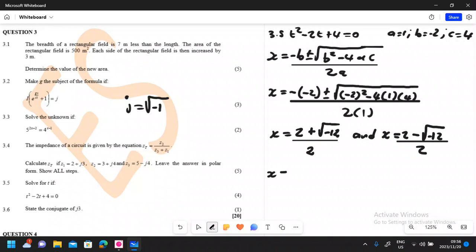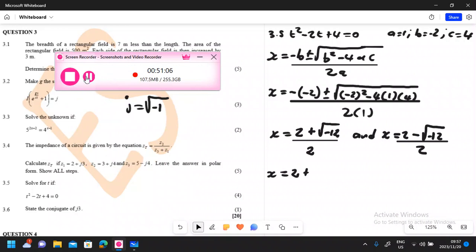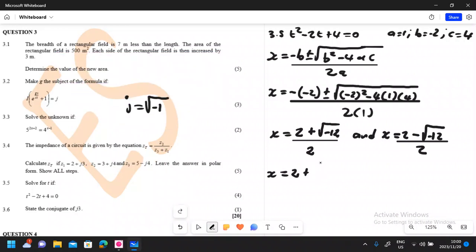You can say x equals 2 plus the root of, just pause here. Alright guys, let's try to write it in a way that we're going to be able to include this negative 1 under the square root. Let's try to do the 12.